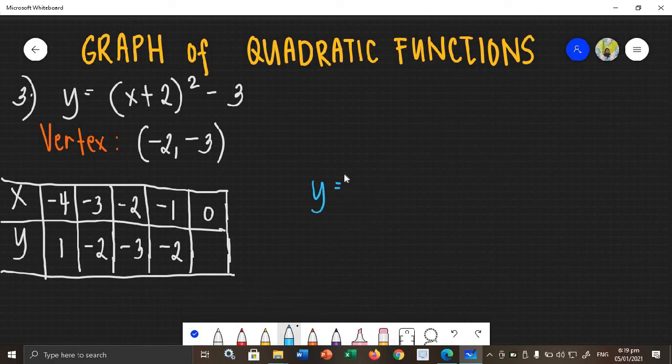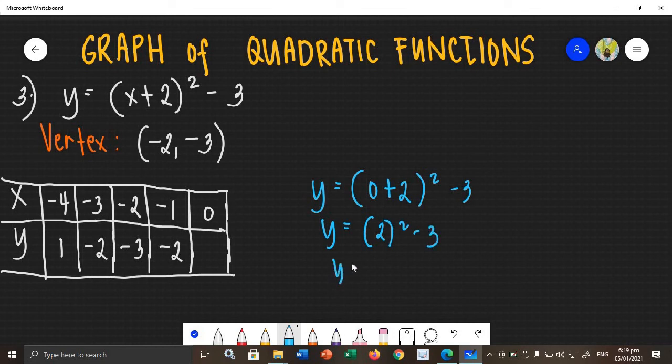So, y is equal to, assuming that x is equal to 0, (0 plus 2) squared minus 3. Y is equal to 2 squared minus 3. So, y is equal to 4 minus 3. Y is equal to 1. So, yan.